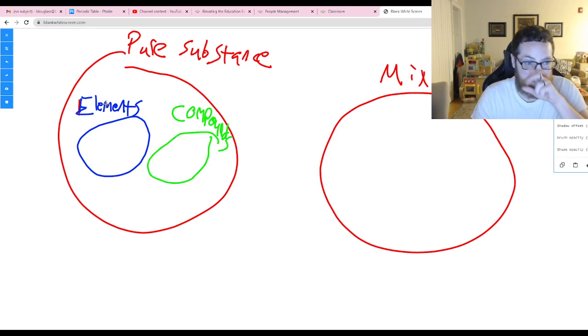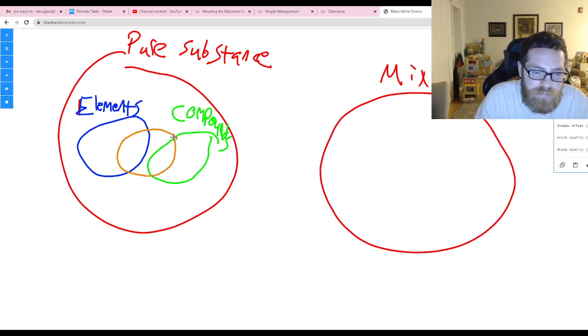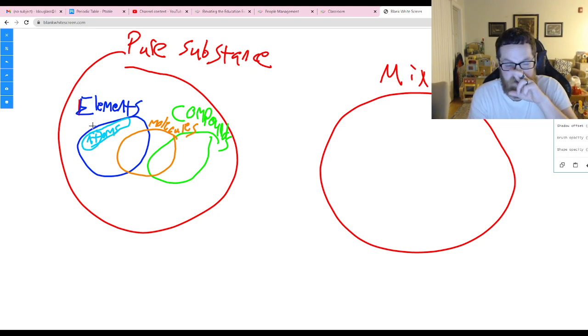And then finally, if we were to throw in an orange, right, the overlap of these is molecules. Whereas here, entirely within elements, we would have atoms, a single individual atom, or a group of atoms together that are all the same, again, would just be an element.